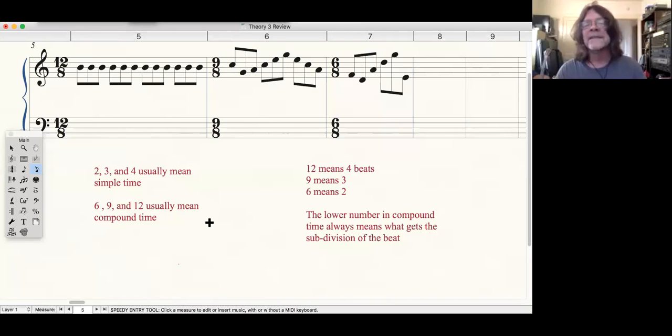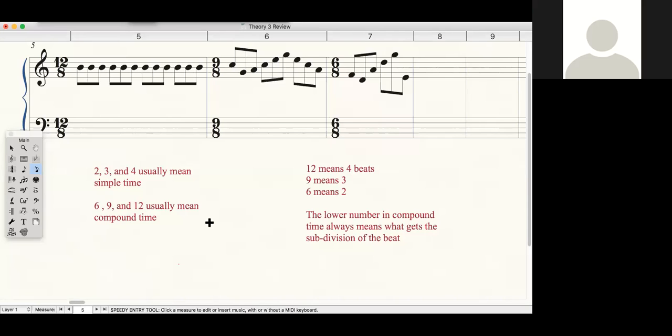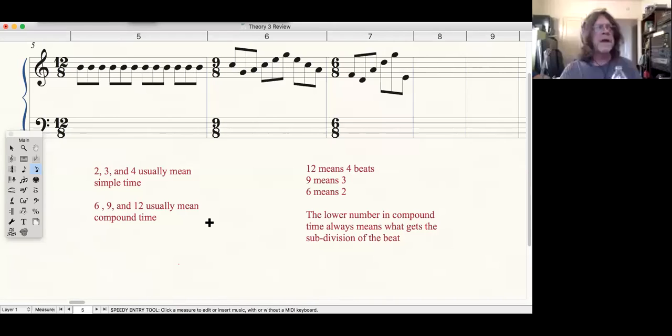Anyways, I'm hoping that you can type some of these things in the chat box for me. All right. Can everybody see the chat box? Yes. So we have 7 scale degrees.